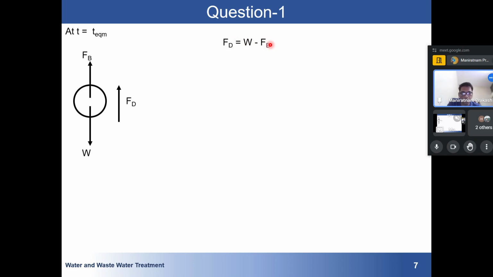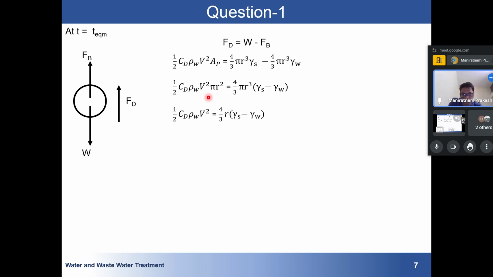on the particle. If we substitute all the values, we will get this equation. I will take the volume of the suspended particle, 4 by 3 pi r cube, common.